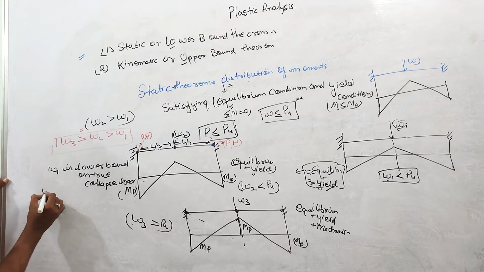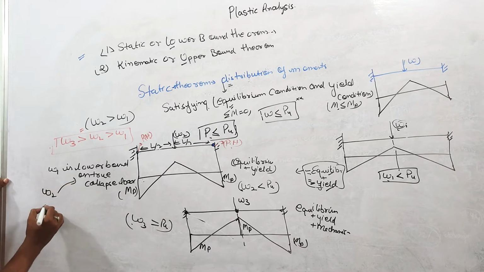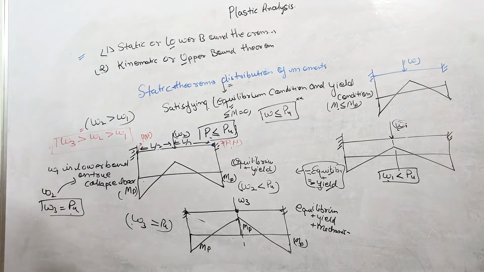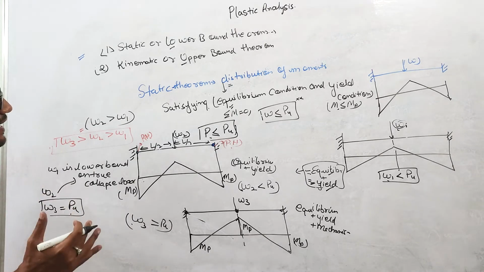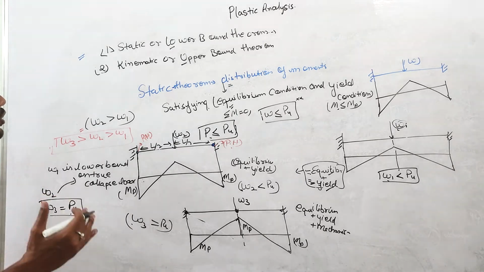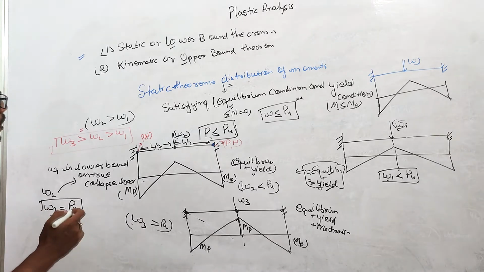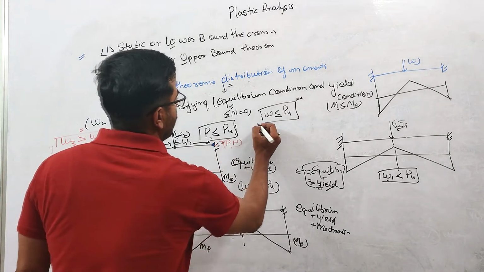Same happens with W2. But W3 will be equal to the collapse load because there the mechanism condition is satisfied. So the load which we are getting from the static theorem or lower bound theorem will always be less than or equal to the true collapse load.